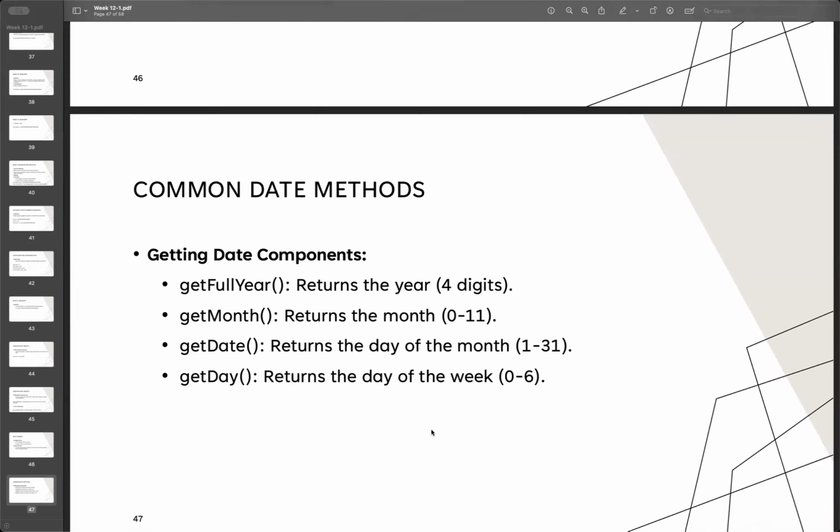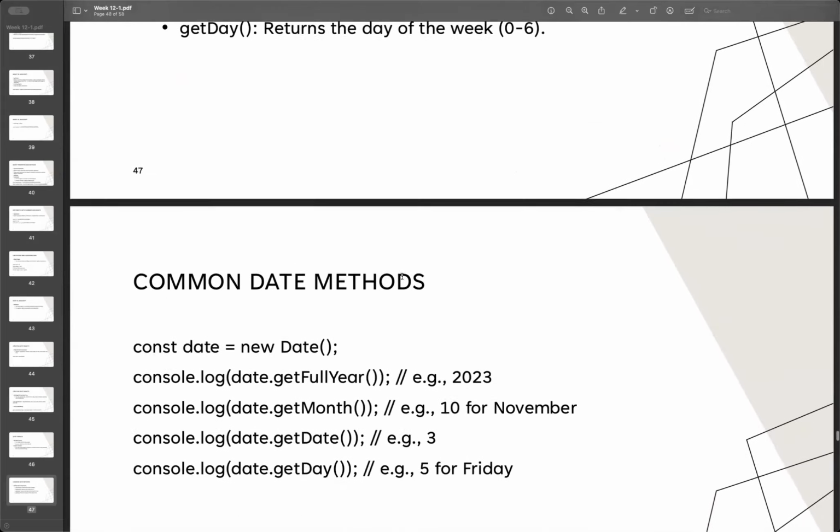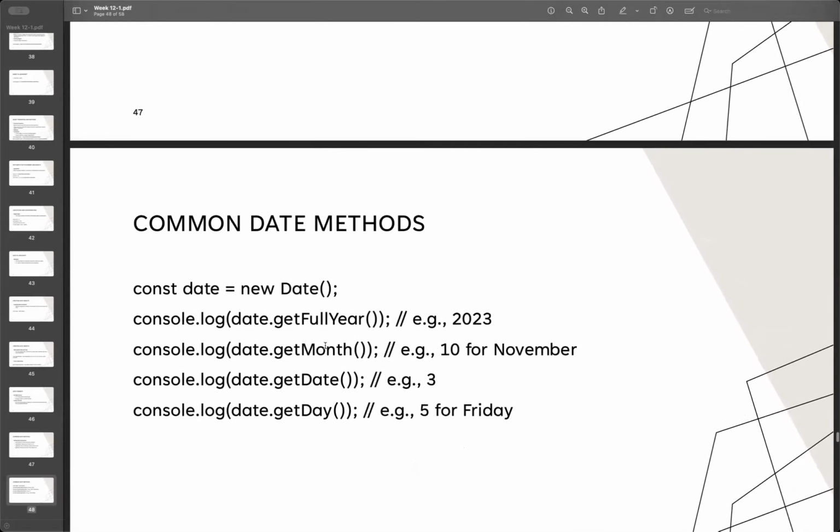So just be careful about how getMonth, getDate, and getDay show their values when you need to use them. Let's say we get the current date, and then we get the full year, 4 digits.